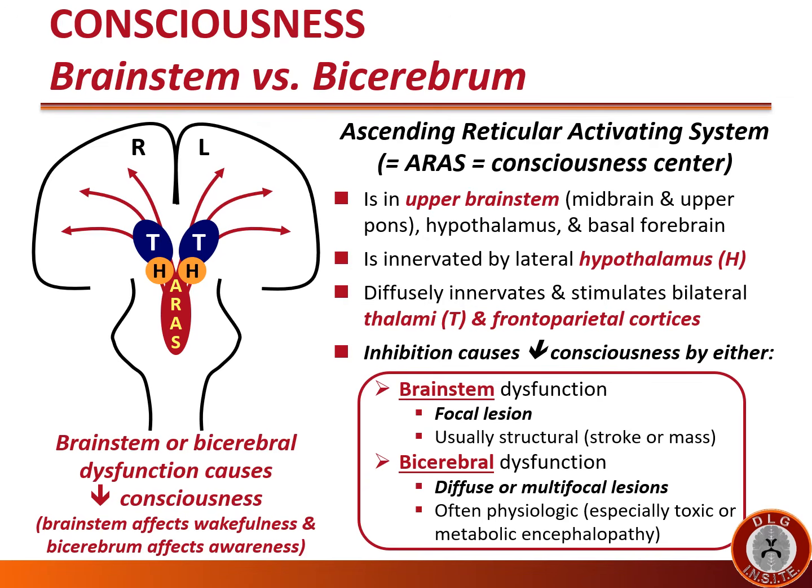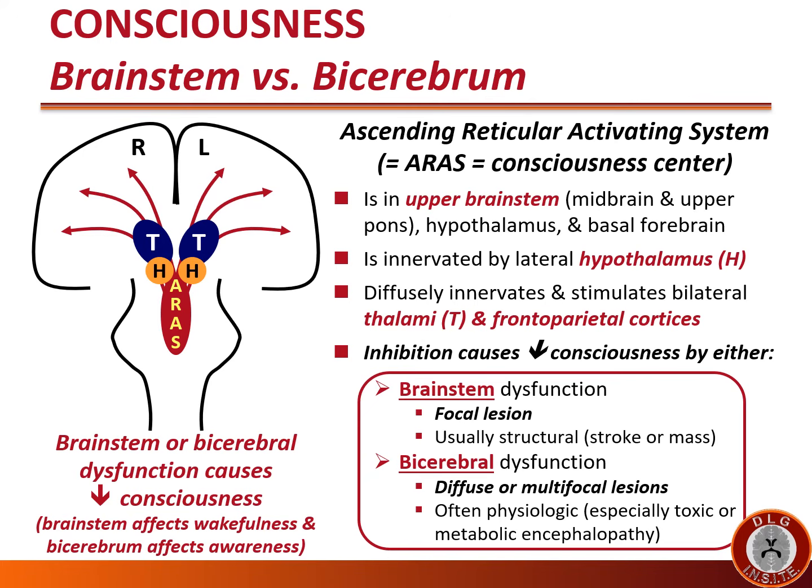The ARAS, or consciousness center, is in the upper brainstem, midbrain and upper pons, and hypothalamus, and basal forebrain. It's innervated by the lateral hypothalamus and diffusely innervates and stimulates both thalami and the frontoparietal cortices.